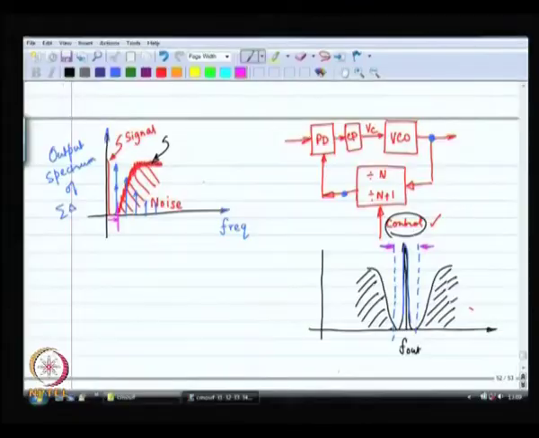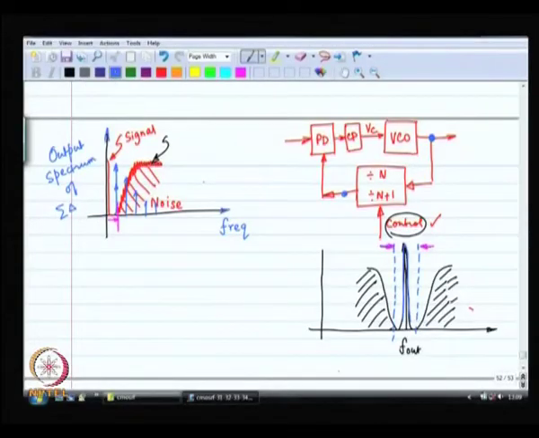So, I have to design my sigma delta modulator to have a certain signal to noise ratio within that loop bandwidth. Okay. So, all of these are now getting related to each other.